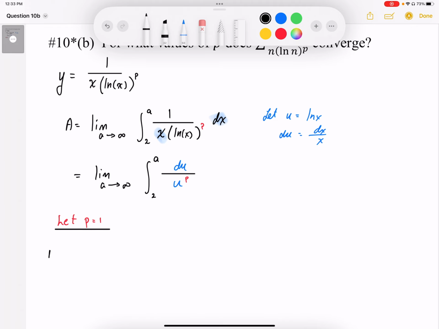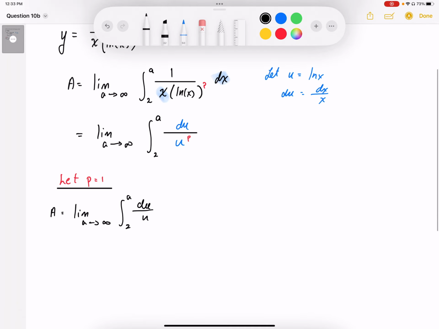So we're going to find the area, the limit as a approaches infinity from 2 to infinity of du over u. Oh, sorry, I have to remember that when we switch our variables, to make sure that it is in terms of u equals a and u equals 2.